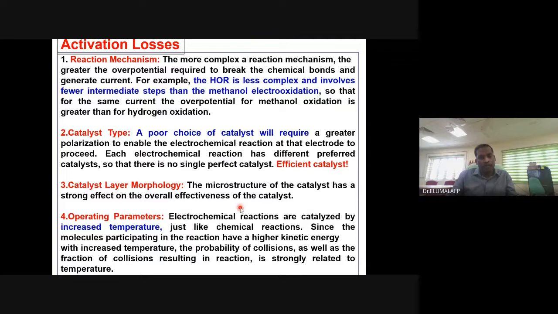Instead of conducting the fuel cell reaction at room temperature, if you conduct it at 50 or 60 degrees, a slightly elevated temperature, the fuel molecules will have better kinetic energy so that they travel, interact, and undergo oxidation. So activation losses are connected with these parameters.